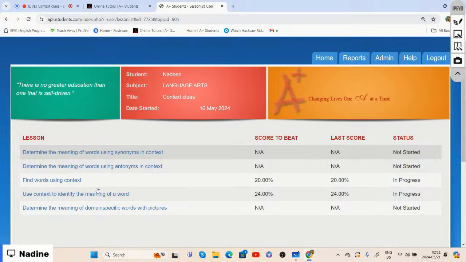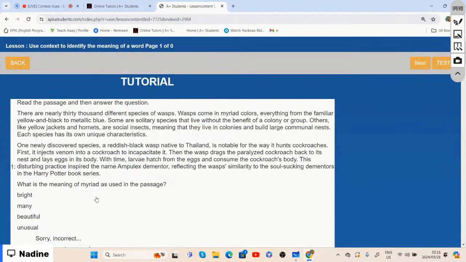All right. So we're going to the first lesson, which is to use the context to identify the meaning of a word.